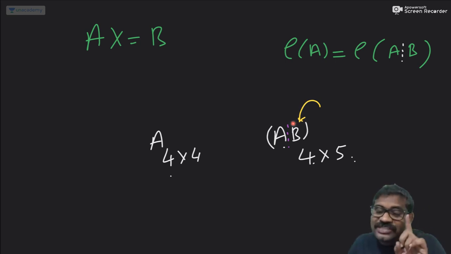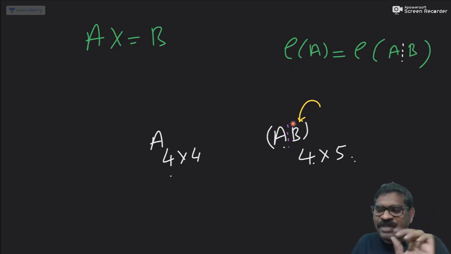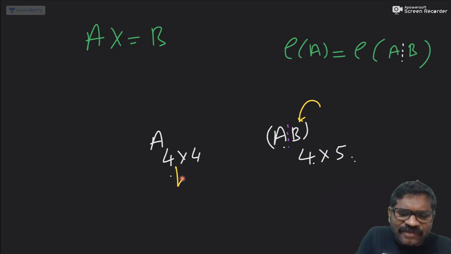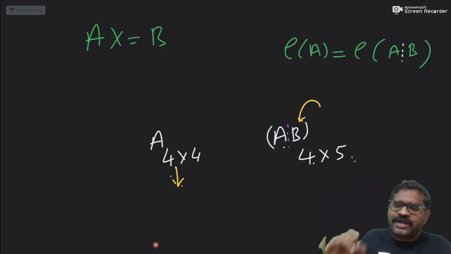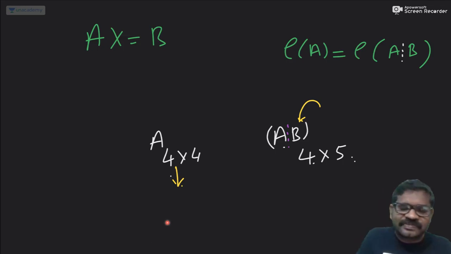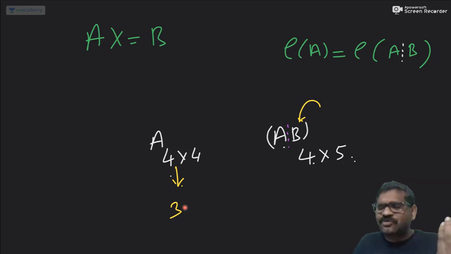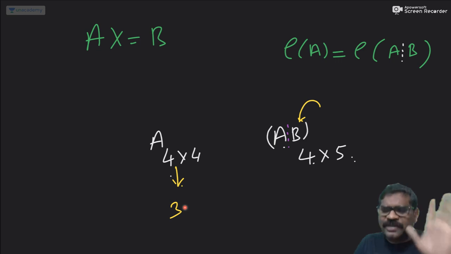Now, rank always represents number of independent vectors. Number of independent vectors. Okay. Please concentrate. Number of independent vectors of A are, suppose 3. Sir, why not 4? You can take 4 also. No problem. I am taking suppose 3.